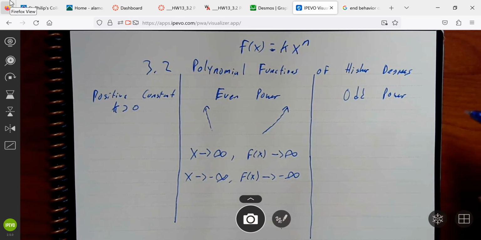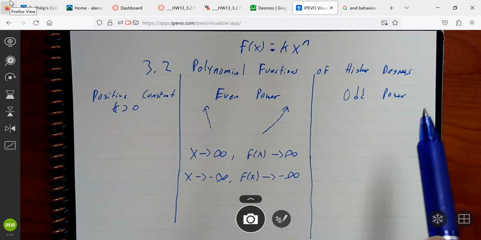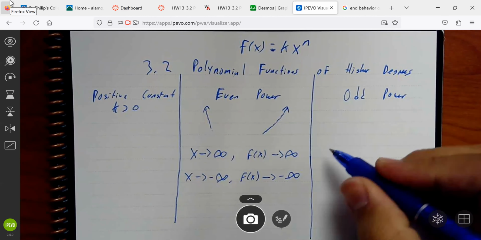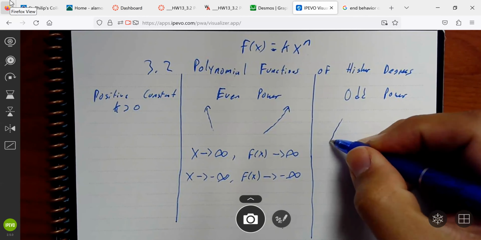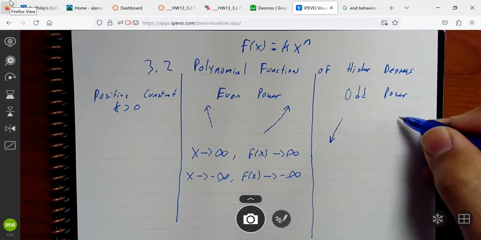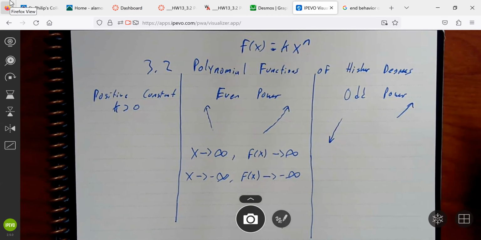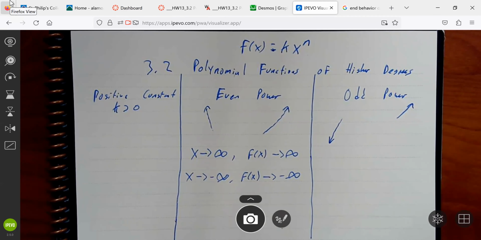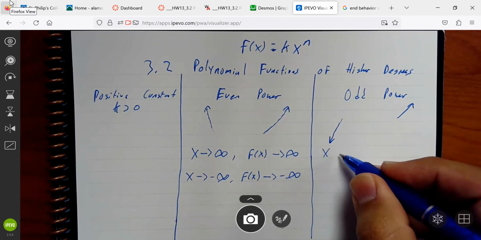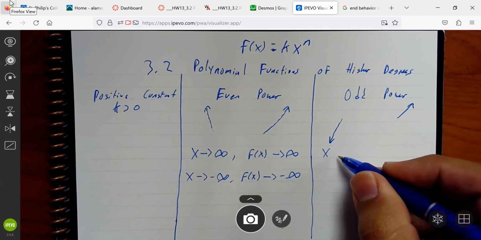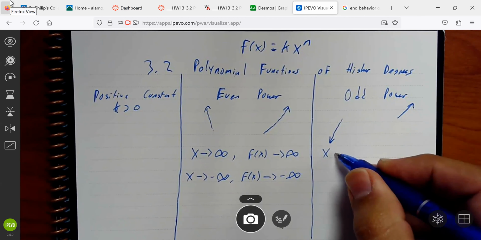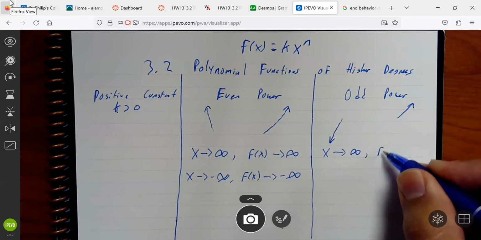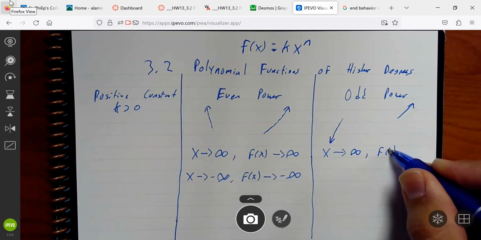Okay. Now, if k is positive but it's an odd power, the n is odd, then they'll have this kind of end behavior. So when x goes to infinity, the function goes to positive infinity.